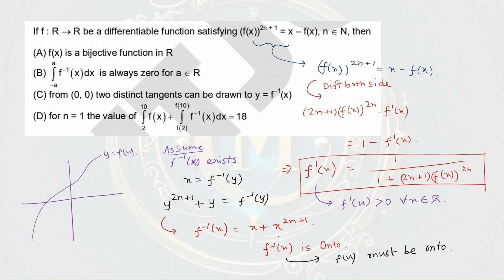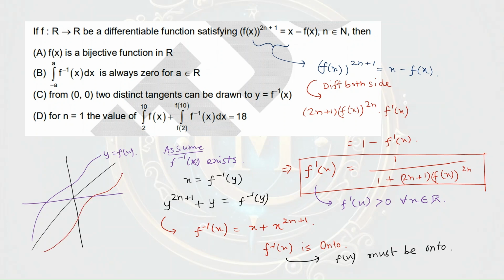That means f inverse x exists and our assumption is correct, and f inverse x is also onto. How can we say that? If we draw the line y equal to x, like this, y equal to f inverse x will be simply the mirror image of y equal to f(x) about the line y equal to x. So f inverse x will look like this.